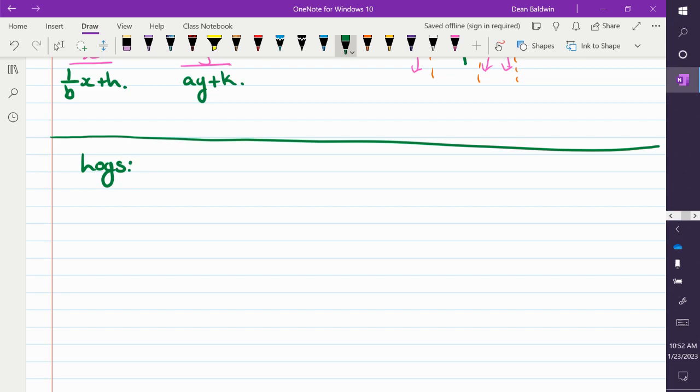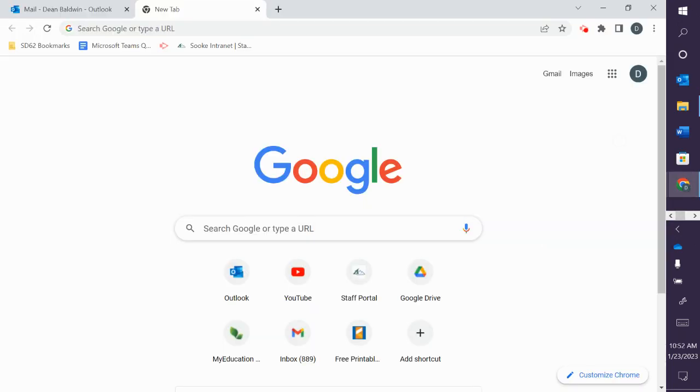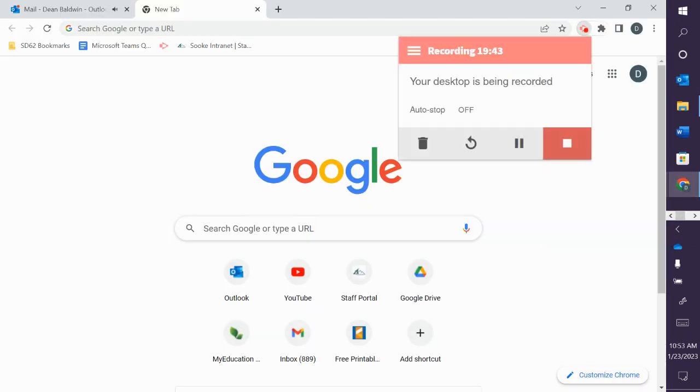Okay. Now, you get your pink sheet. Your pink sheet has the log rules on it, but I'm going to summarize them here. Logs.